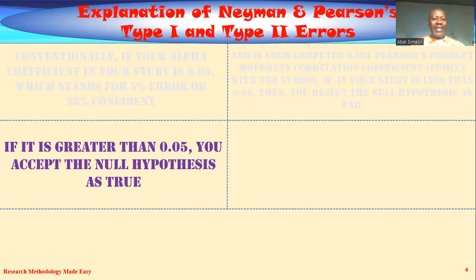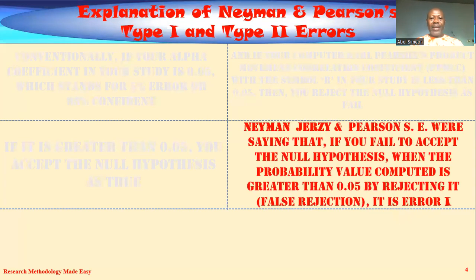They say that if the p-value is greater than 0.05 and you fail to accept the null hypothesis, then you are rejecting it, and that rejection is false rejection.